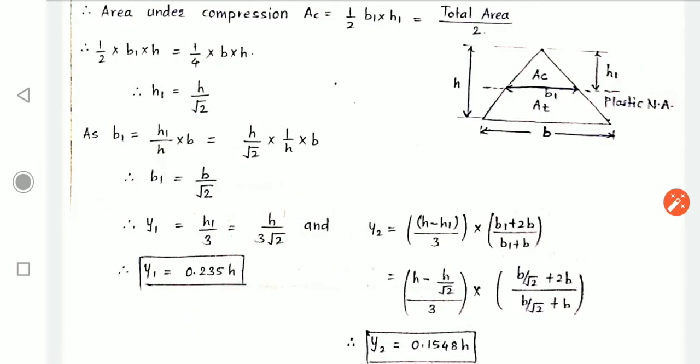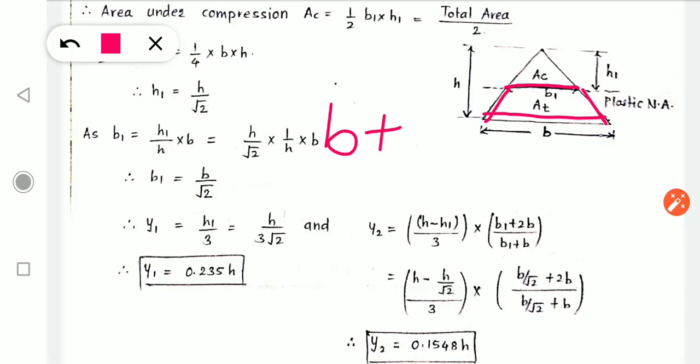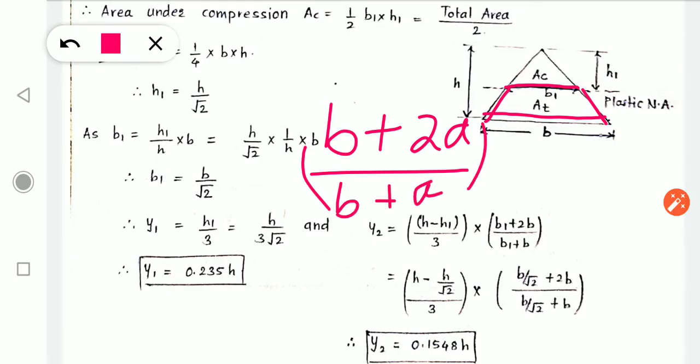Then calculation of Y2. Now calculation of Y2 is a bit difficult because it is in trapezoidal shape, but we know the formula to calculate the CG of a trapezoid. What is that? (b plus 2a) divided by (b plus a) into h by 3.